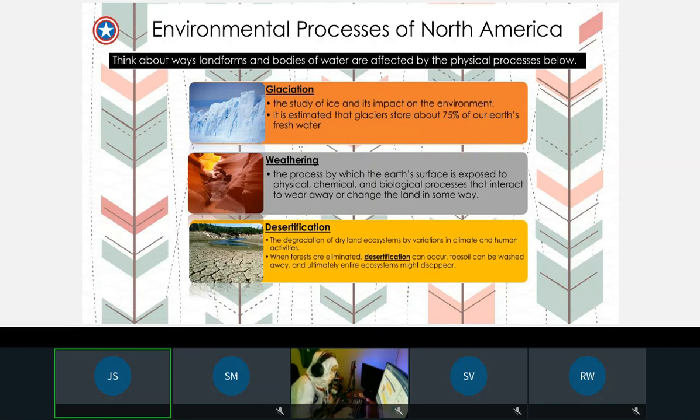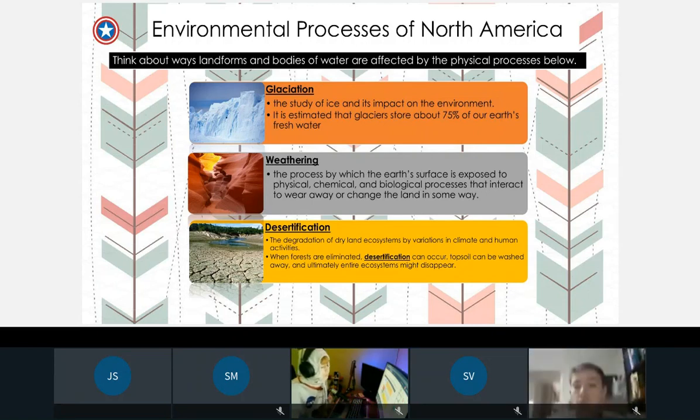So if we're talking about the degradation of dry land ecosystems, what we're talking about is that you have this land that has been used for agriculture, and what happens to it? It becomes what? What happens to that land? What stuff does it lose? What do we use the land for?